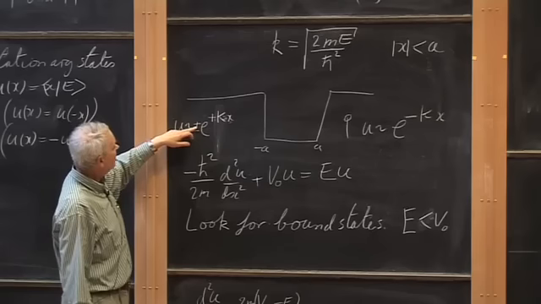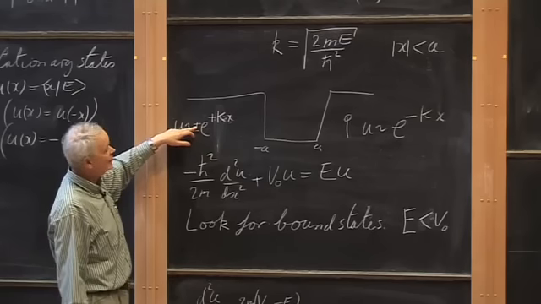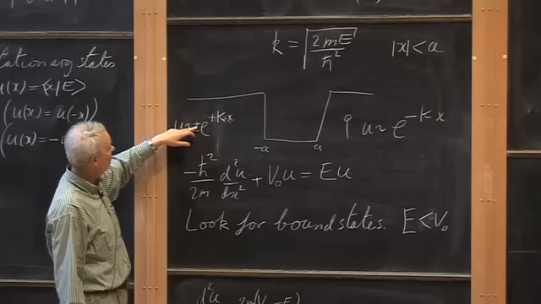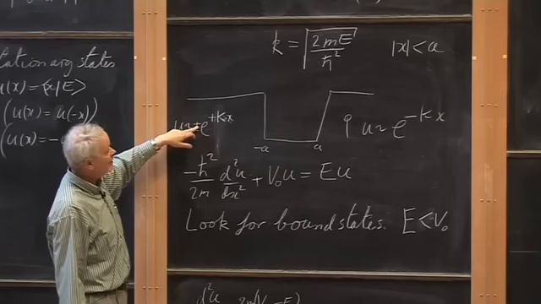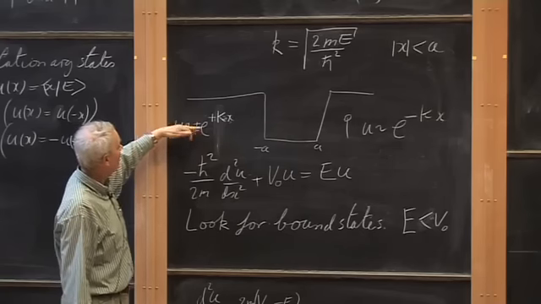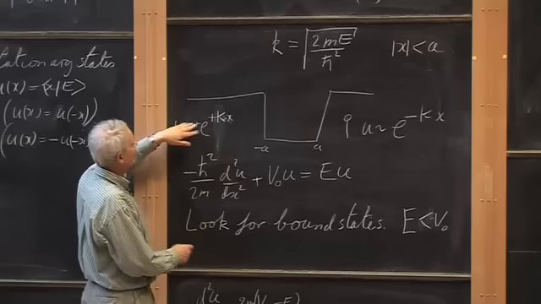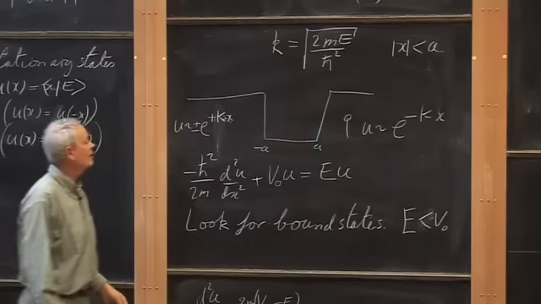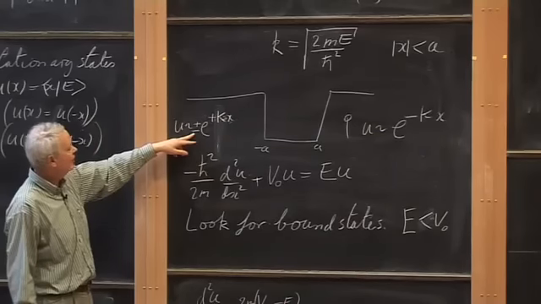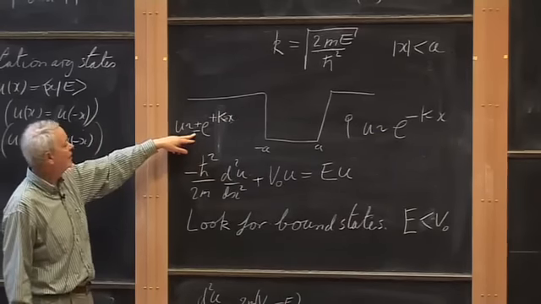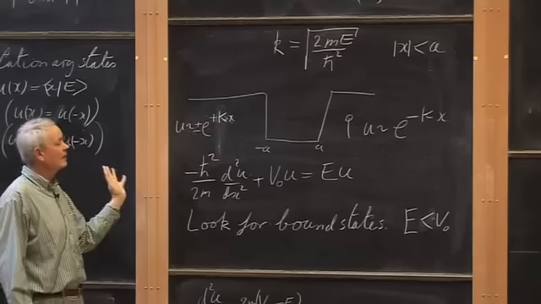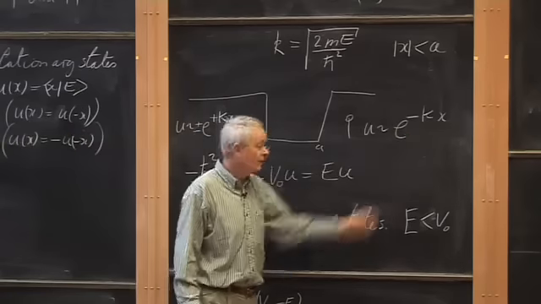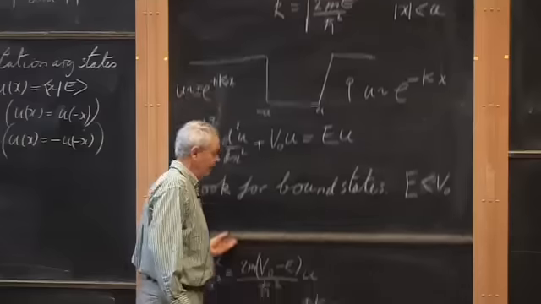If we're looking for a state of even parity, then we take this plus sign, so the wave function over here has the same numerical value as the wave function at the corresponding point over there. If we're looking for a state of odd parity, we take this minus sign, so the wave function at negative x becomes minus the wave function at the corresponding point at positive x.